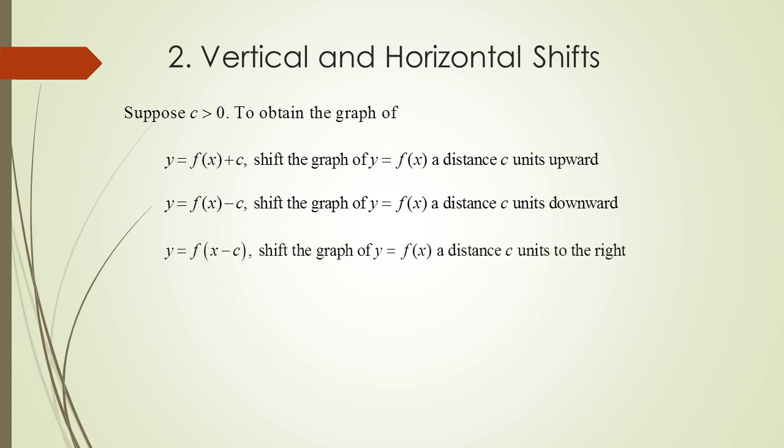Then f(x minus c) in the parentheses, shift the graph of y equals f(x) c units to the right, which gives the blue color in the previous slide. Y equals f(x plus c) in the parentheses shifts the graph of y equals f(x) c units to the left. Then it gives an orange color graph.